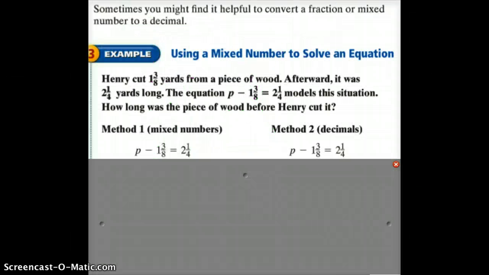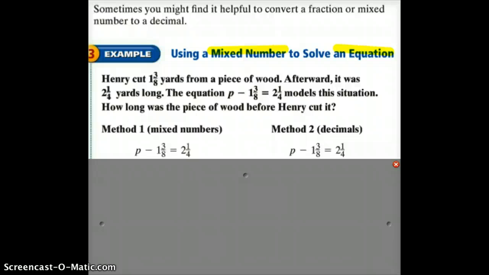Last example. Just like in the past lessons of Chapter 5, we've been dealing with a mixed number. Still solving an equation, and we can solve this in two ways. Let me read the problem. Henry cut 1 3/8 yards from a piece of wood. Afterward, it was 2 1/4 yards long.